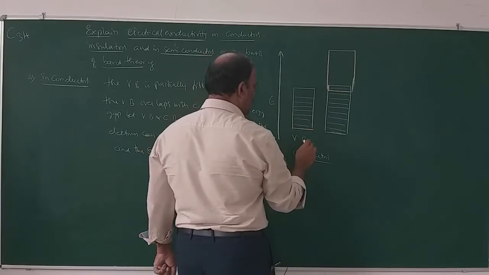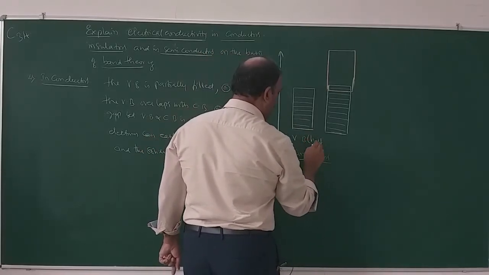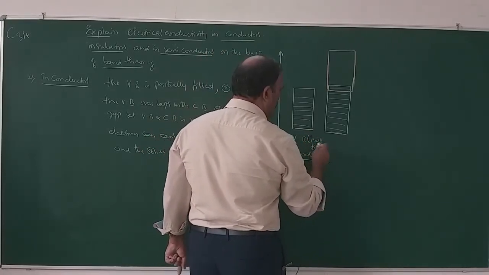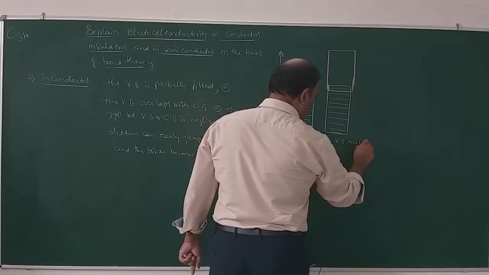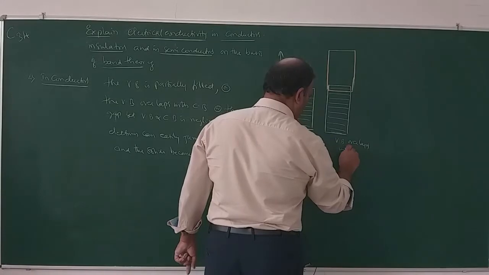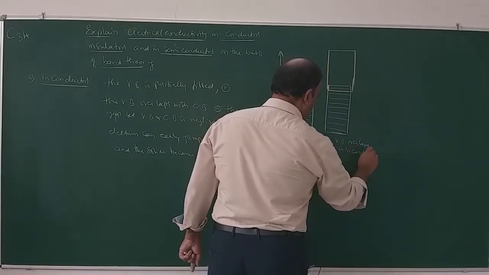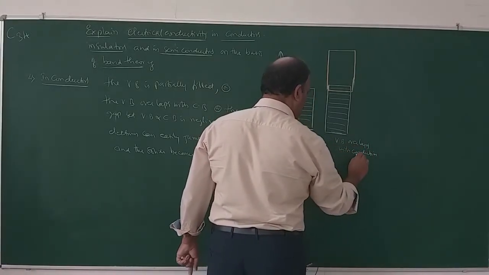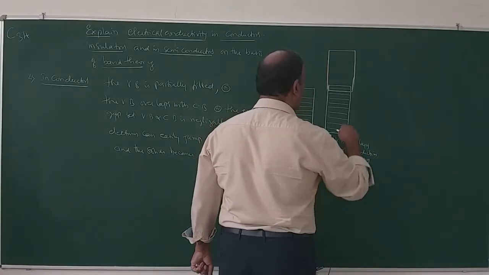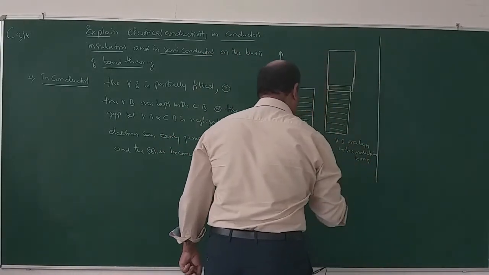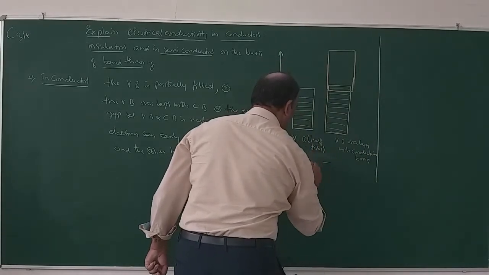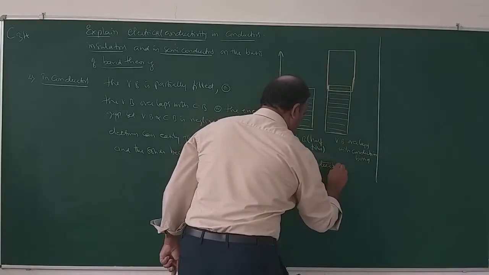Here the valence band overlaps with conduction band. So this forms conductors.